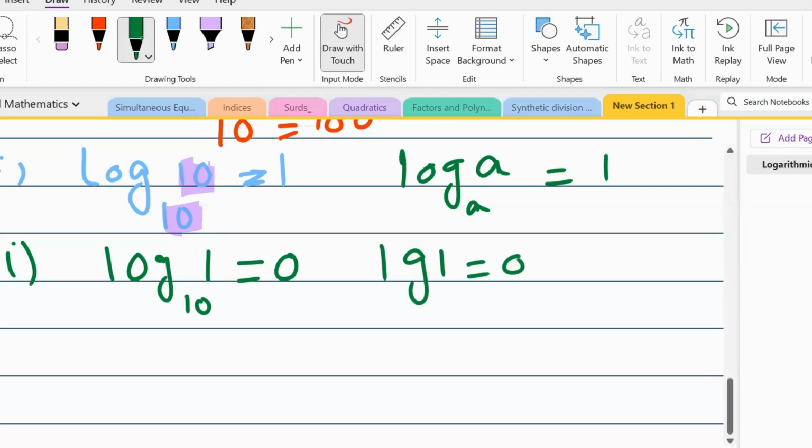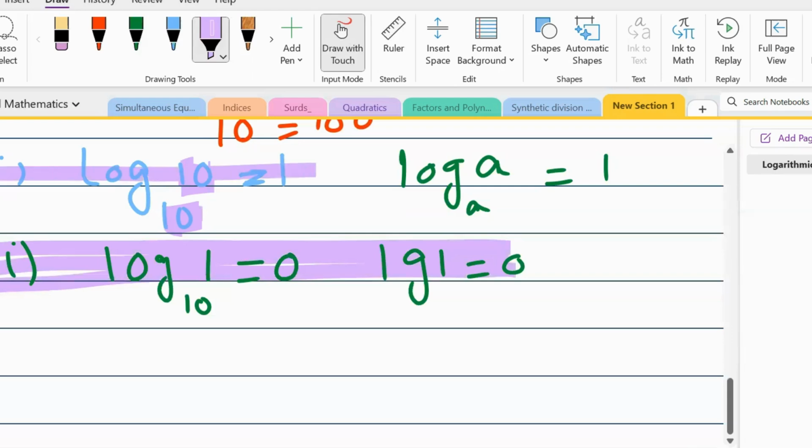Log with base 10 can be written as lg only. So you have to remember these two for solving questions: log of 1 is 0 and log 10 is 1, or log a of a is 1.